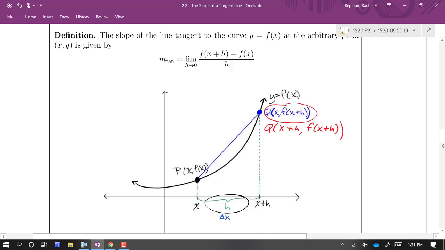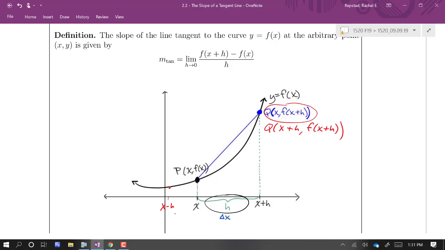Other questions? So if your arbitrary point was to the left, would it just be a negative? Well, you could pick the arbitrary point to the left, and it would be maybe x minus h, right? But you have to be careful because if you're letting h approach 0, if you set it up so it's x minus h, then up here it's a little bit different.